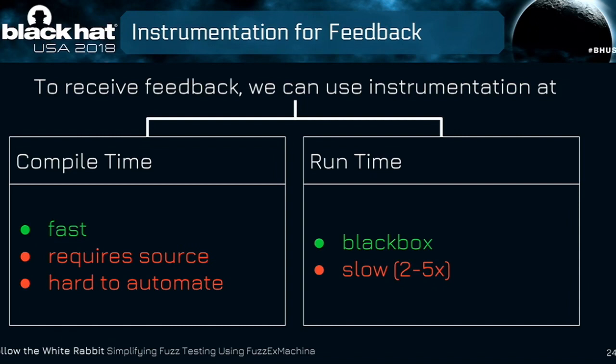And in the case of FuzzExM, where we want to do anything automated, we also need to be able to automatically build the binary successfully, which from our experience, unfortunately, is not always possible. So following our best effort approach, we fall back to a slower runtime instrumentation, which also works for black box binaries.